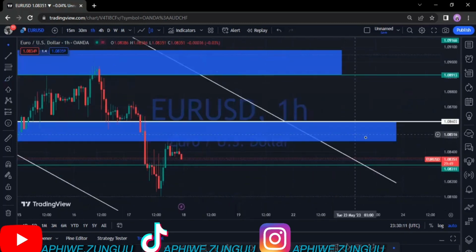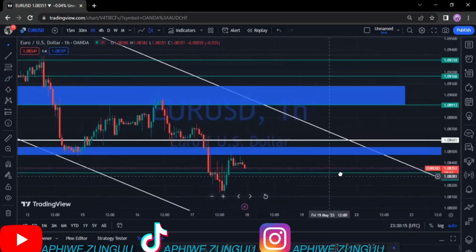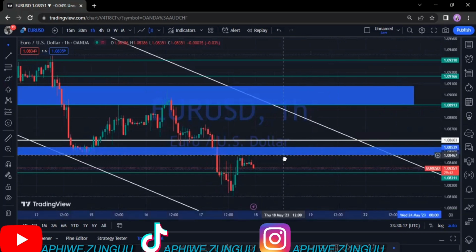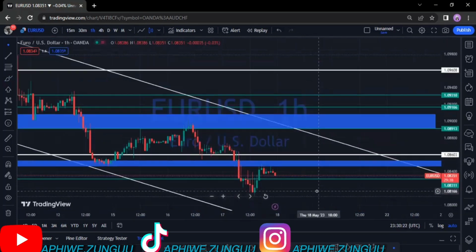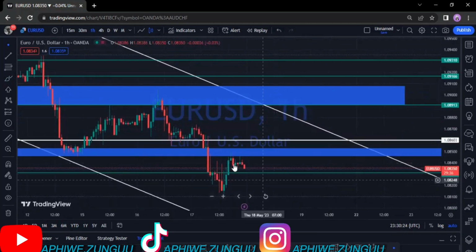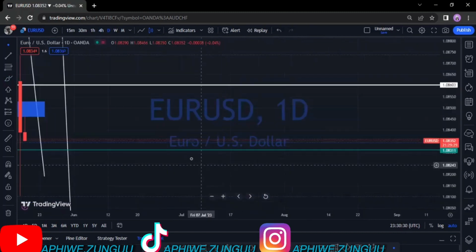Let me show you this example. You wouldn't have seen this retest on the daily. You wouldn't have seen a pure retest.